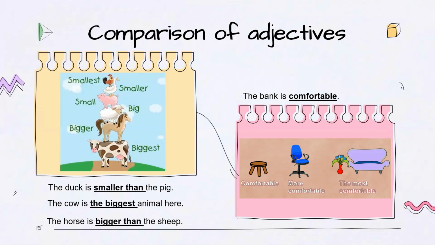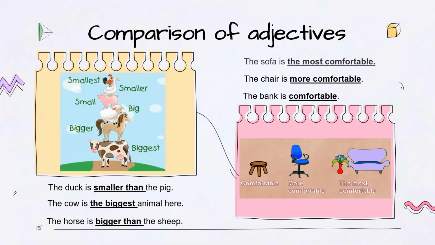Then we have the chair is more comfortable, as an example of comparative adjective. And lastly, we have the sofa is the most comfortable. And that is an example of a superlative.